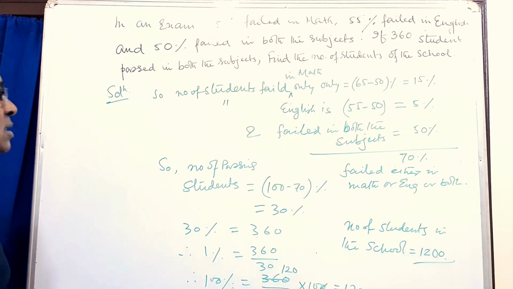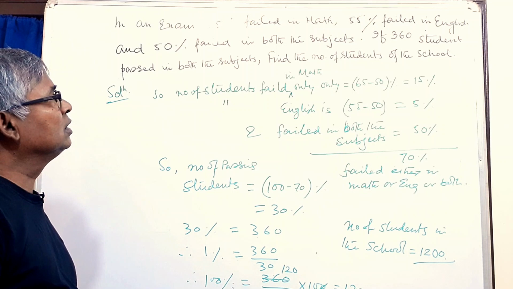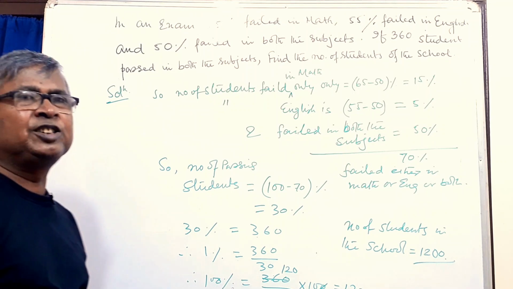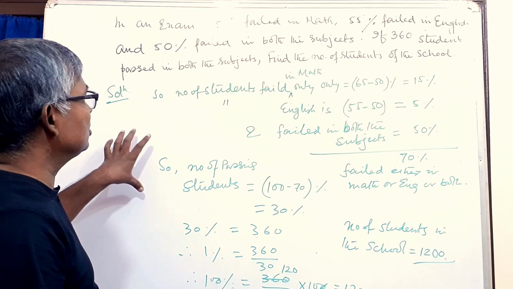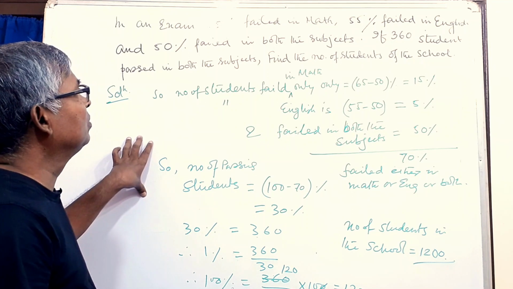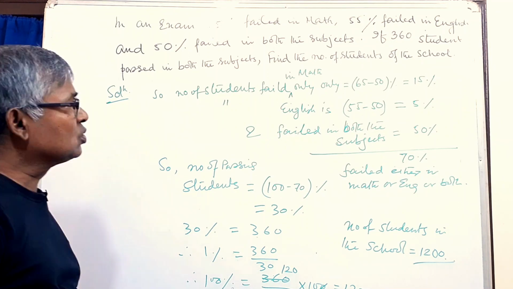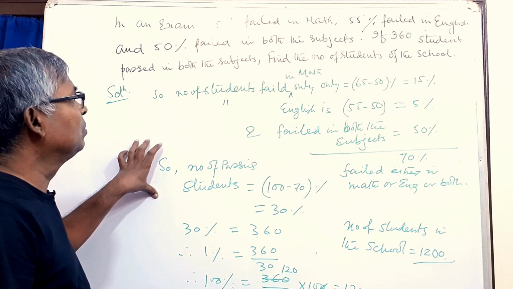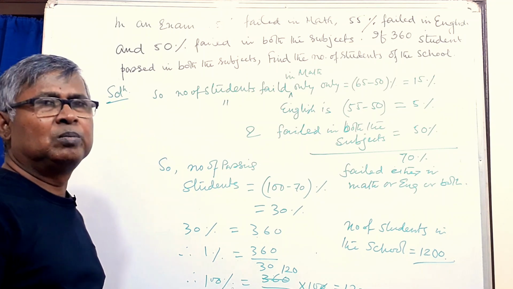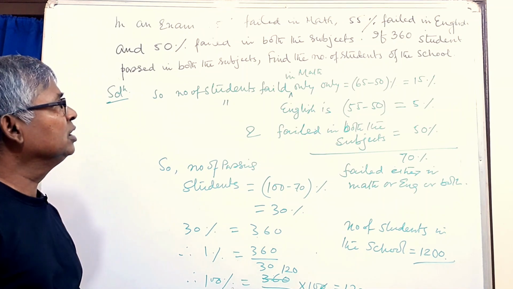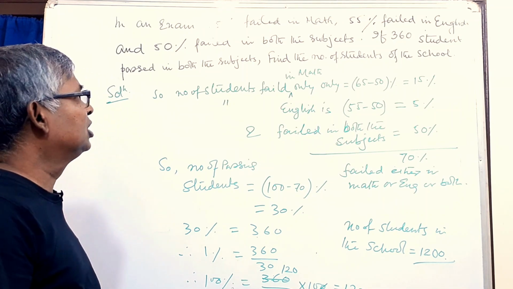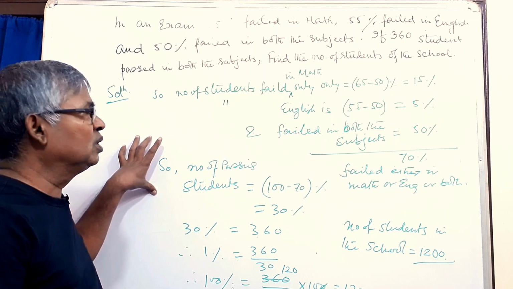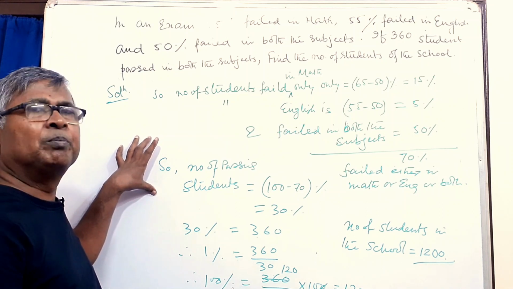1200. Students, in my earlier video regarding set theory, you have solved this sorts of problem by using Venn diagram. So I advise you to solve the problem using Venn diagram, and it will take 3 to 4 steps to solve the problem.